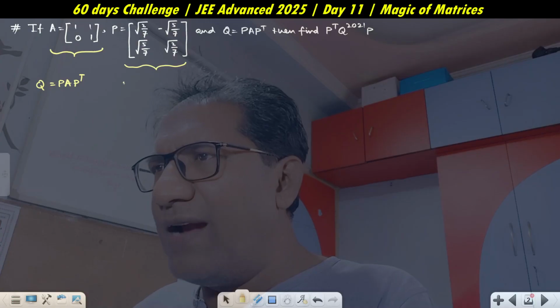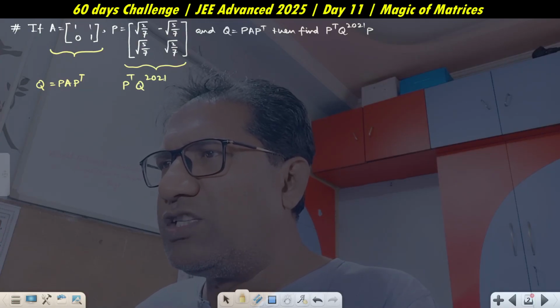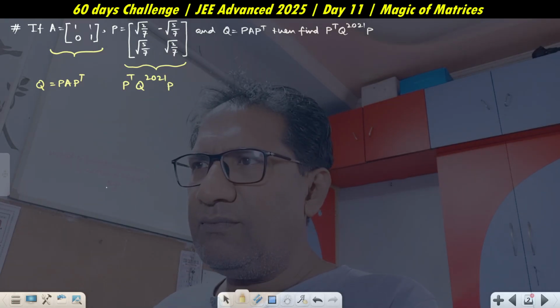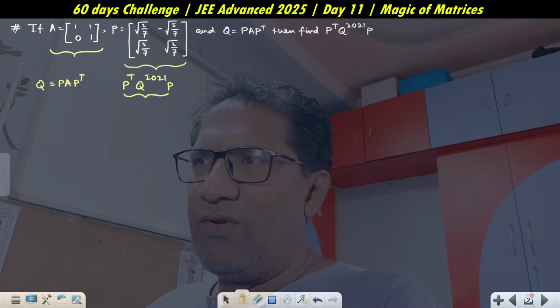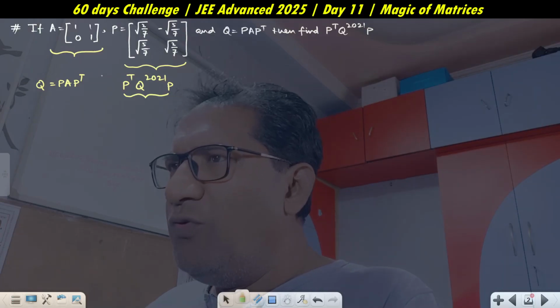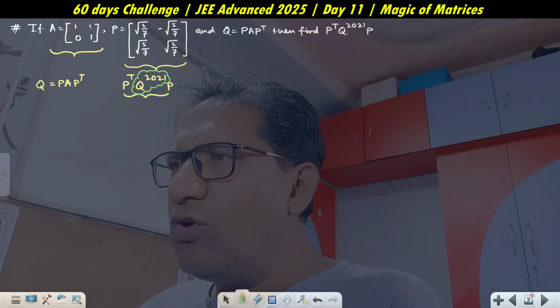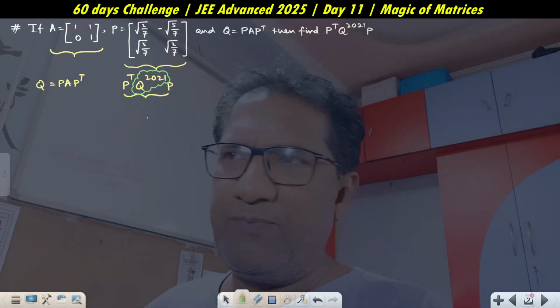And we have to find the value of P transpose Q to the power 2021 P. So I want to find this matrix. I can see that in the middle we have Q to the power 2021, so first I have to find that.